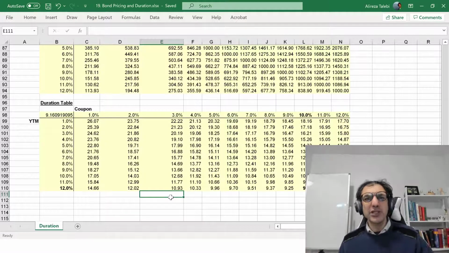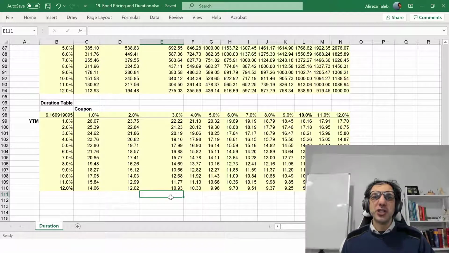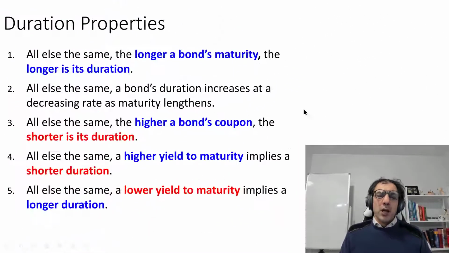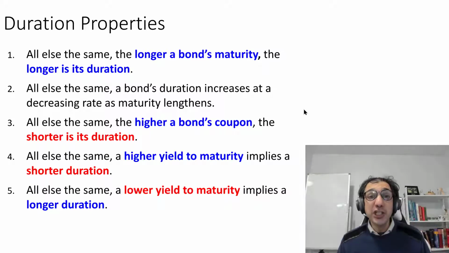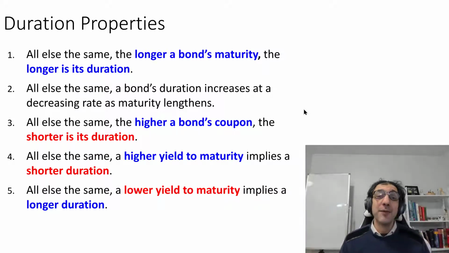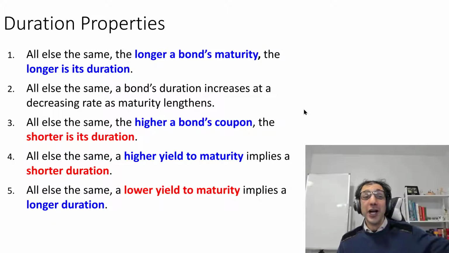So let me go back to the slide. Let me just wrap up the session talking about the bond duration properties, and then we'll end the session. So we learned that the longer the bond's maturity, the longer its duration. So if you're comparing, for example, a 30-year bond to a 10-year bond, we know for sure that the 30-year bond has a longer duration.